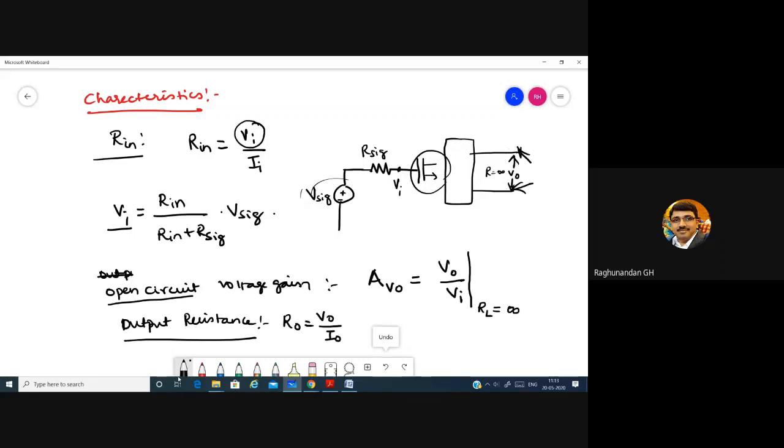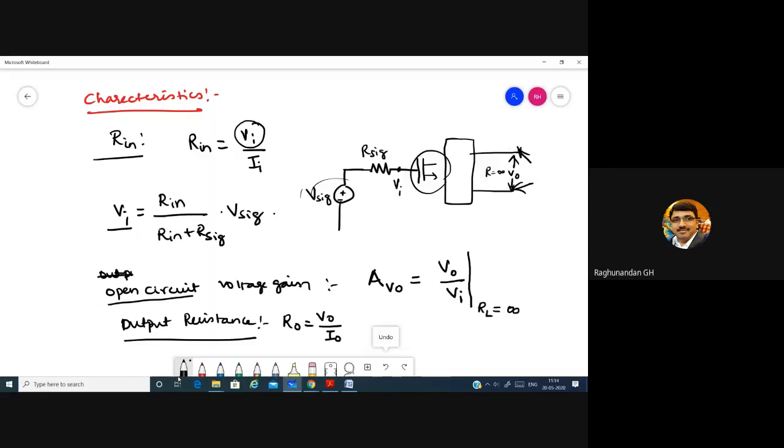The terminal which is towards the output side, where we are going to collect the output, the current flowing in that particular terminal will become this current. So if you are taking the current across the source, then this current will be source current and this will be the source voltage. If you are taking the voltage across drain, then it will be drain current and this will be drain voltage.